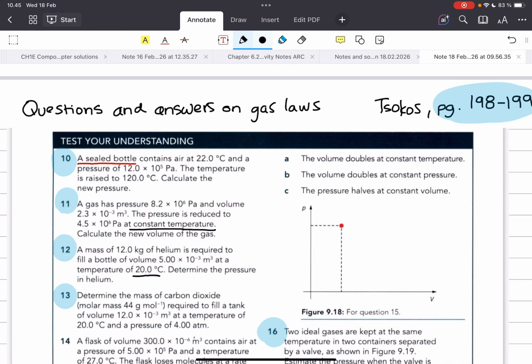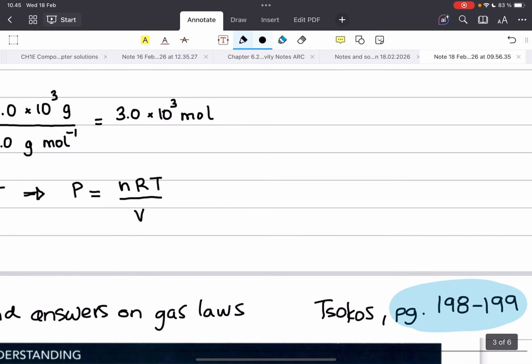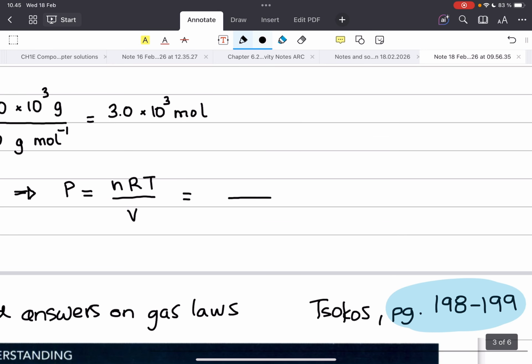Of course, we need to convert it to Kelvin, right? And it also tells you exactly what's the volume. So we will now do the substitution. Good. Let's go back. So the volume, I'll start with that because I remember the number, is 5 times 10 to the negative 3 cubic meters.